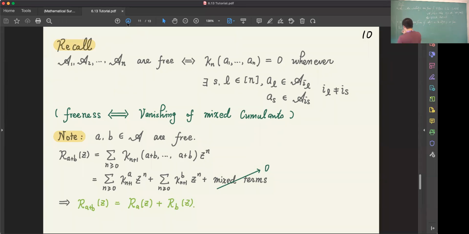If you have x, y, they are free. Like for classical independence, it plays a very important role in understanding how to compute a mixed moment. So over here, if they are free, we can play the same game and see how to compute with free x and y.